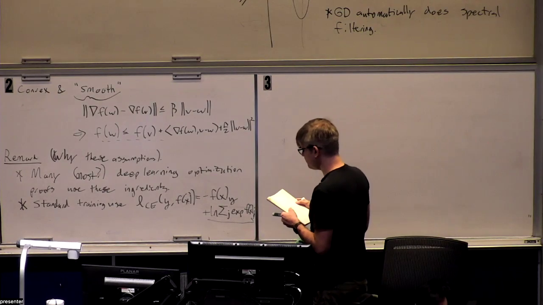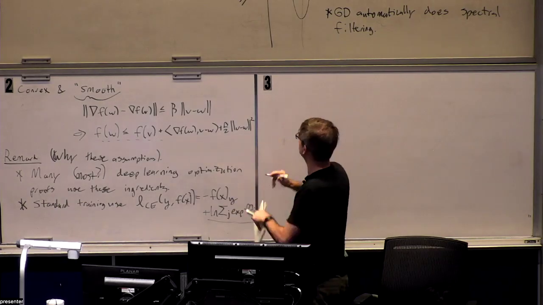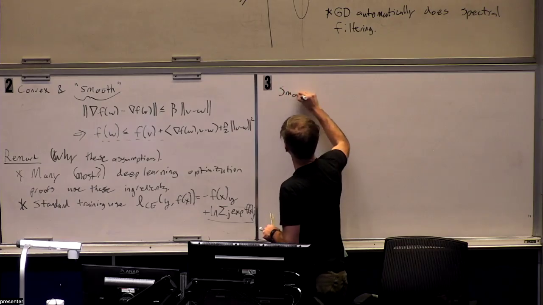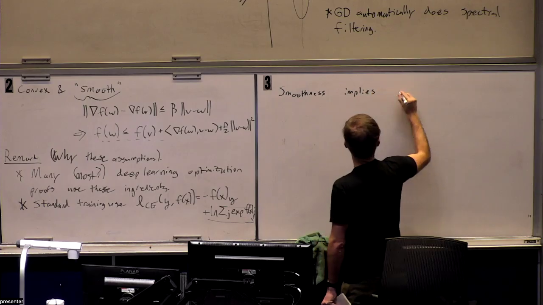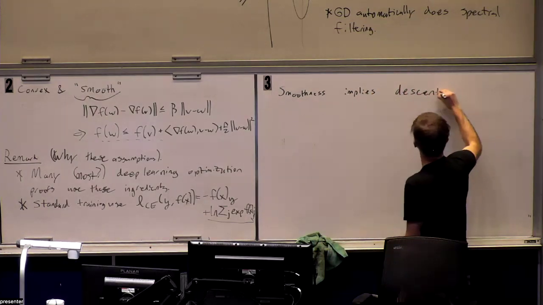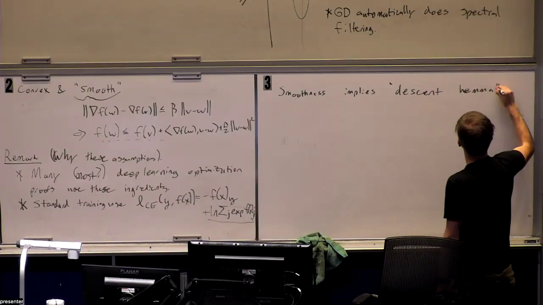Now let me tell you a consequence of smoothness, and then I will tell you the theorem. I think people call it the descent lemma or the descent condition.